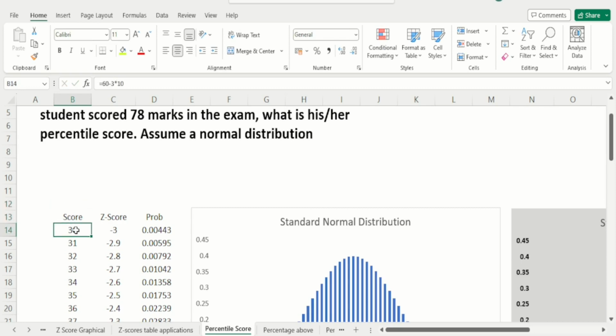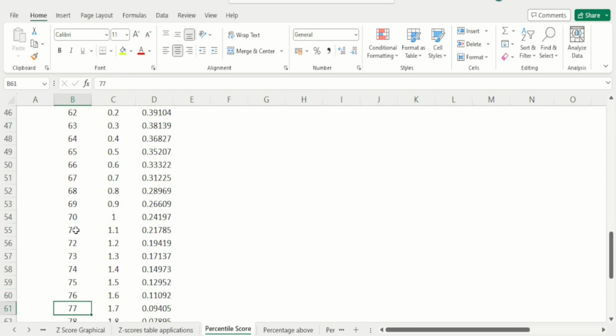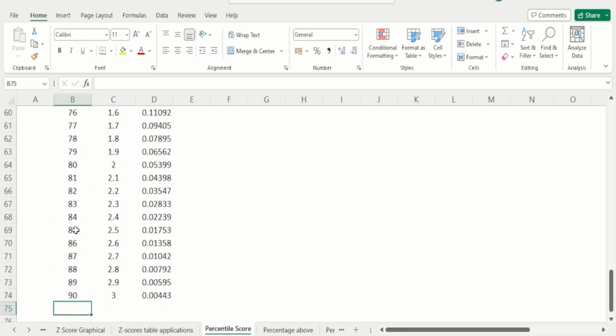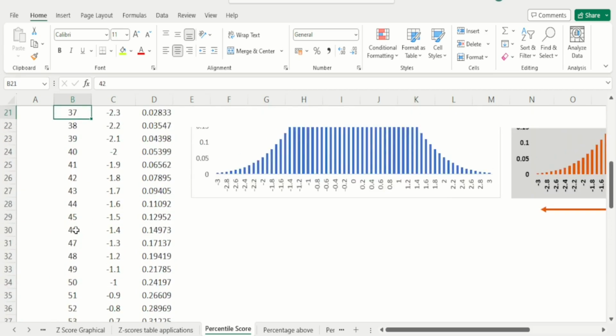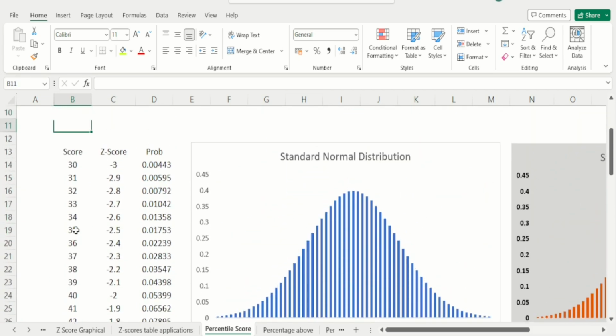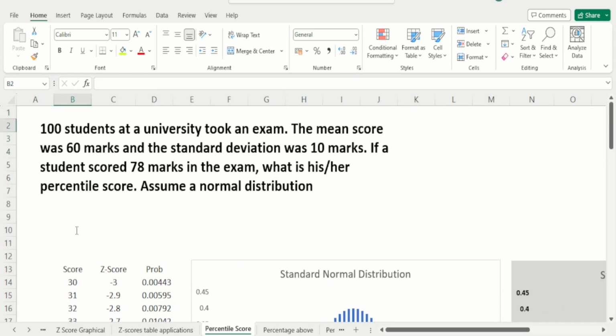So in this distribution, we have taken data all the way from 30 to 90. Remember, these are not the actual scores. This is just to arrive at what the distribution would look like.